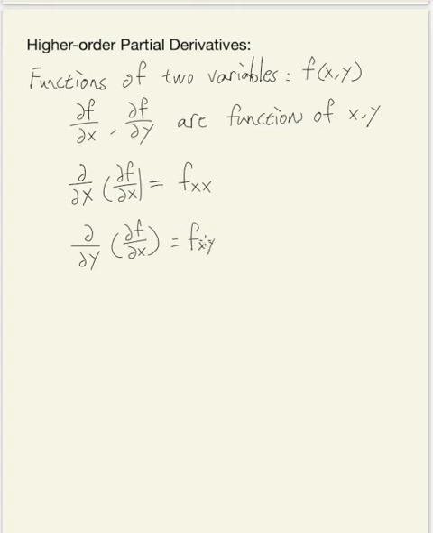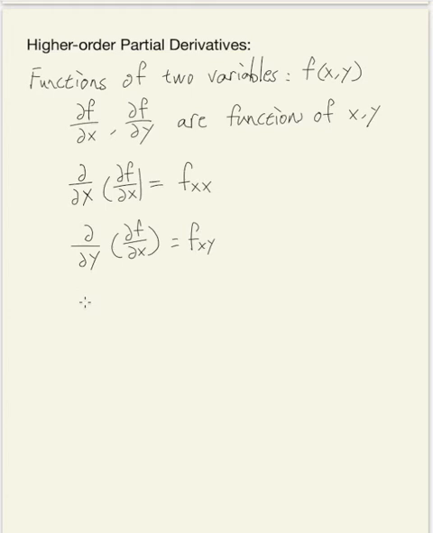Note the order of the subscripts and the order of the d's are opposite to each other. When we write it this way, just like the basic arithmetic of mathematics, we compute what's in parentheses first. That means we're computing the d dx part first. Therefore, here the little x is put first.